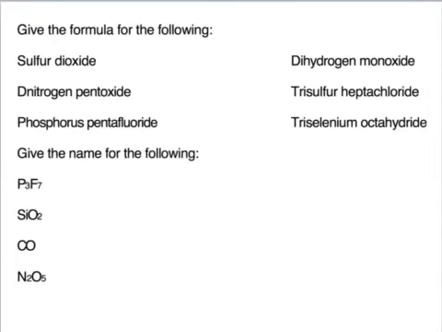So we want to give the formula for the following. Sulfur dioxide: sulfur would be S, oxide is oxygen, and di tells us that there's 2, so it's SO2. Dinitrogen pentoxide: nitrogen is my first element, oxide is oxygen, di tells me there's 2 nitrogens, and pentoxide tells me it's 5.